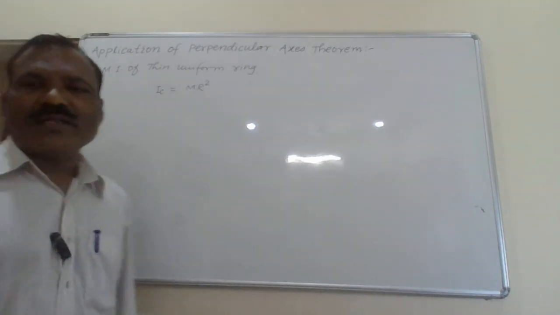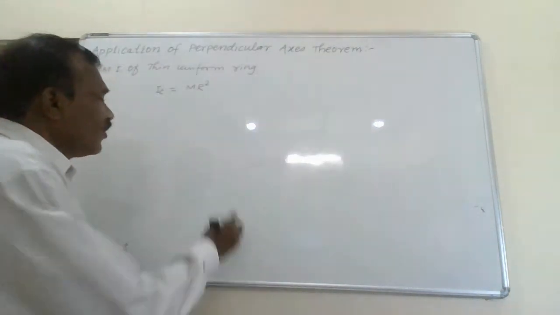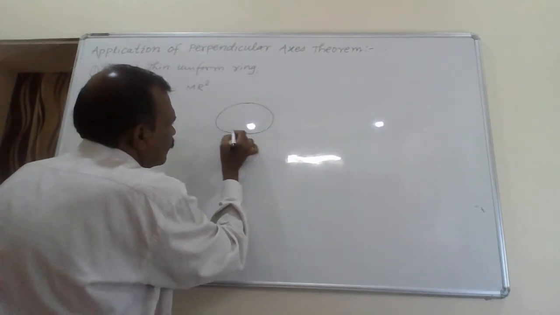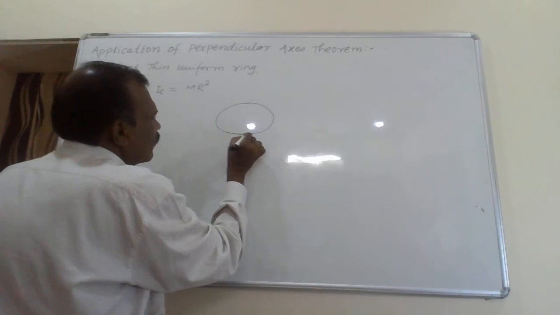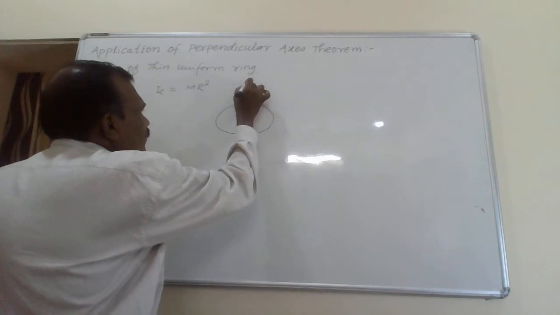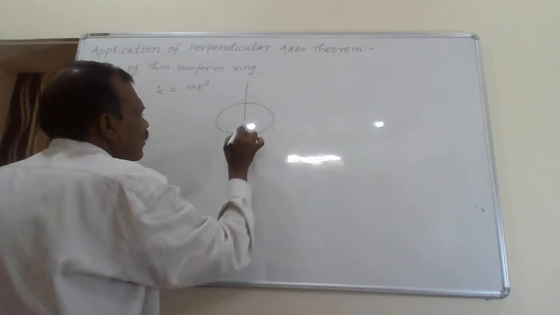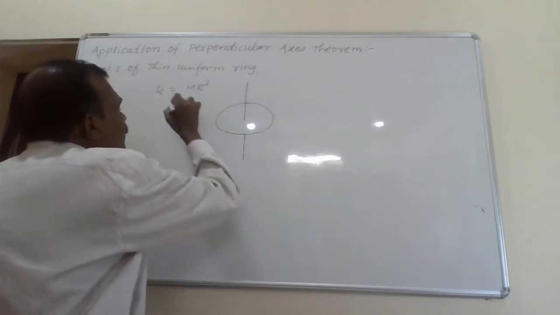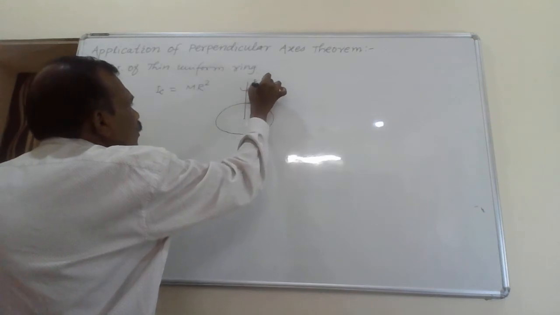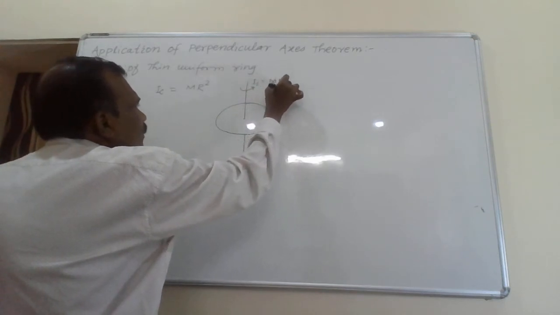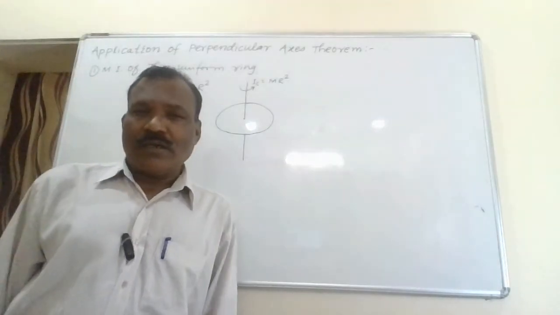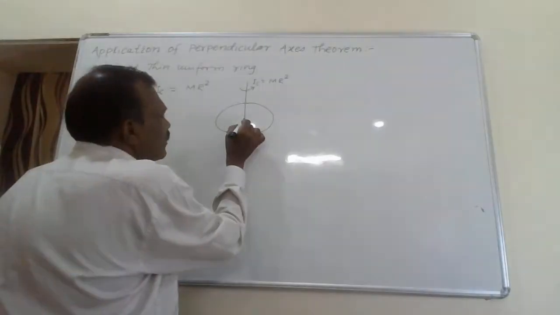So this is our thin uniform ring, this is our center, and this is the axis passing through its center. Around this axis, the moment of inertia is IC equal to mr square. M means mass of the ring, R means radius of the ring. So this is our radius R.